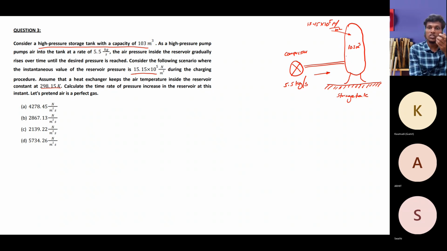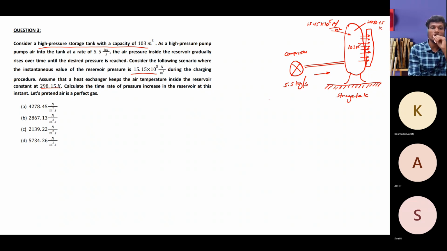So some kind of heat exchanger is there, taking heat away continuously and maintaining the temperature always. It is a static temperature that does not depend on time, so it is always able to maintain the temperature at 298.15 Kelvin.